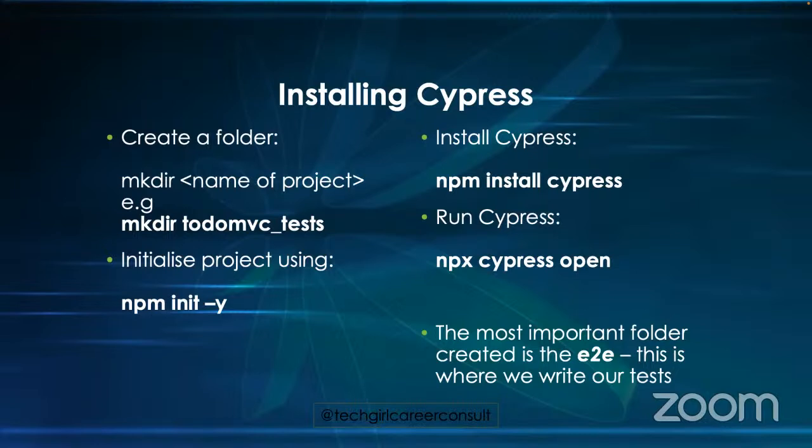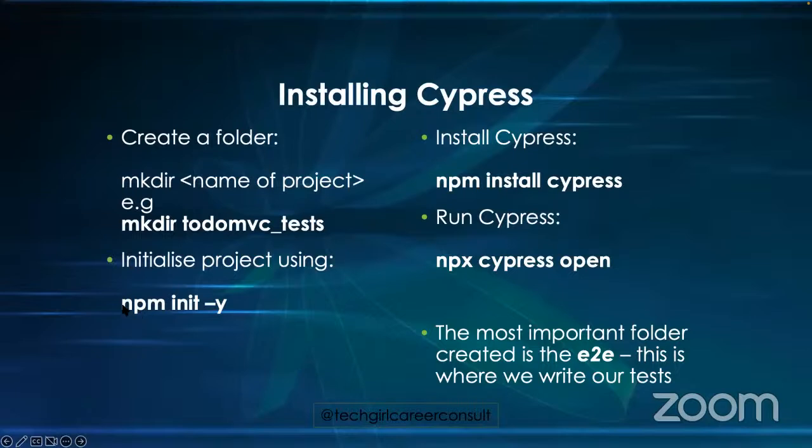And then once we've installed Cypress using this command, the next thing we're going to do is to open up Cypress, the Cypress UI itself. The way we do that is to run npx cypress open in our terminal in Visual Studio Code. So Visual Studio Code has its own terminal as well, or command prompt.